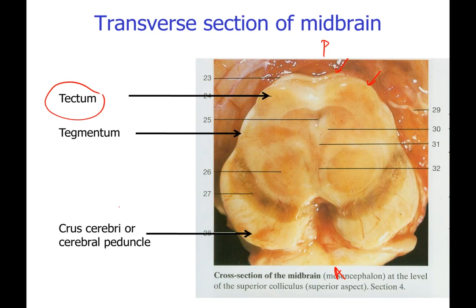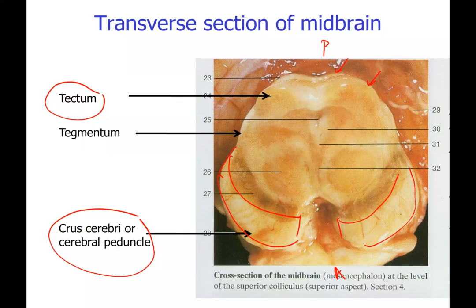In the most anterior end are the cerebral peduncles. So this whole area is the cerebral peduncle. So you have these two cerebral peduncles, and this middle area. Now this was tectum, and this was the cerebral peduncle, and the middle area is called tegmentum.